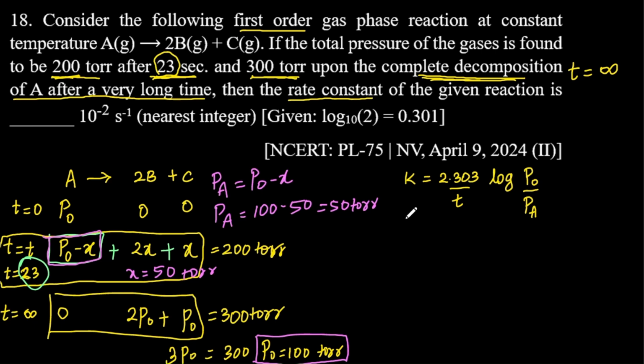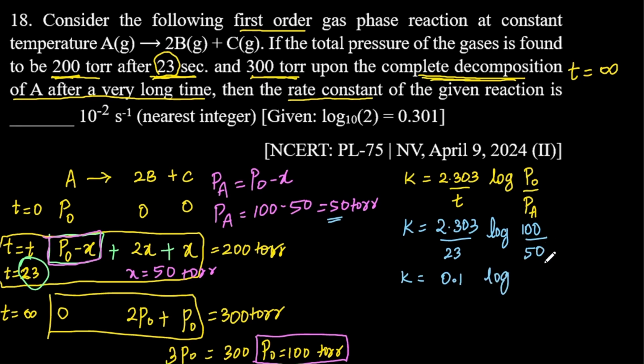So now we can substitute these values for finding rate constant k. k equal to 2.303 divided by t. Time is 23 seconds. So divided by 23 into log of P naught. P naught value is 100, 100 divided by PA. PA value is 50. So rate constant equal to 2.303 divided by 23 will become 0.1.